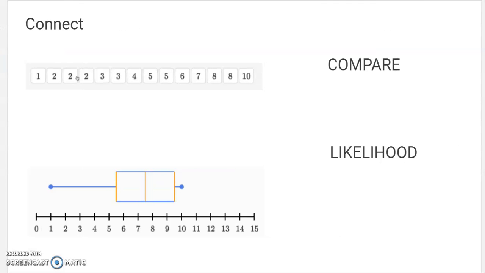All right, a couple things to remind you of. We reviewed turning data sets into box and whisker plots and box and whisker plots back into data sets. To make the box and whisker plot, we found the median and then the median of the lower part and the upper part.